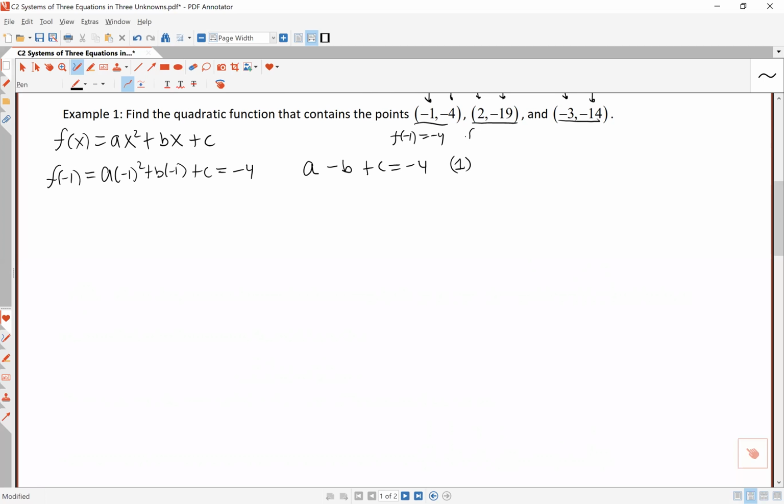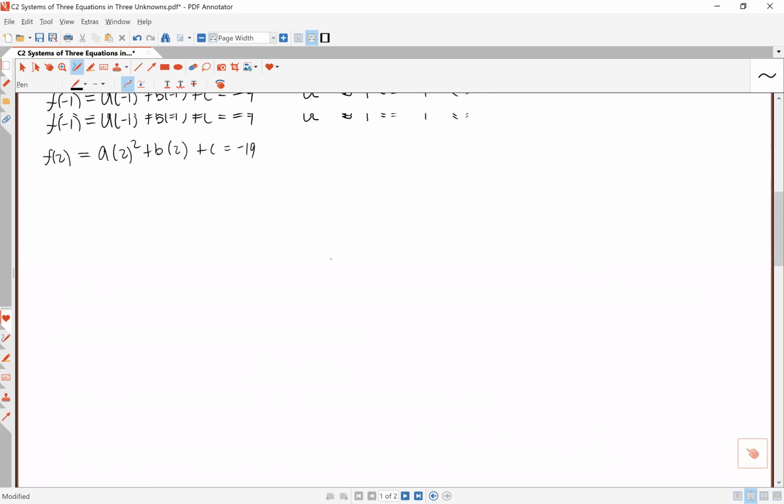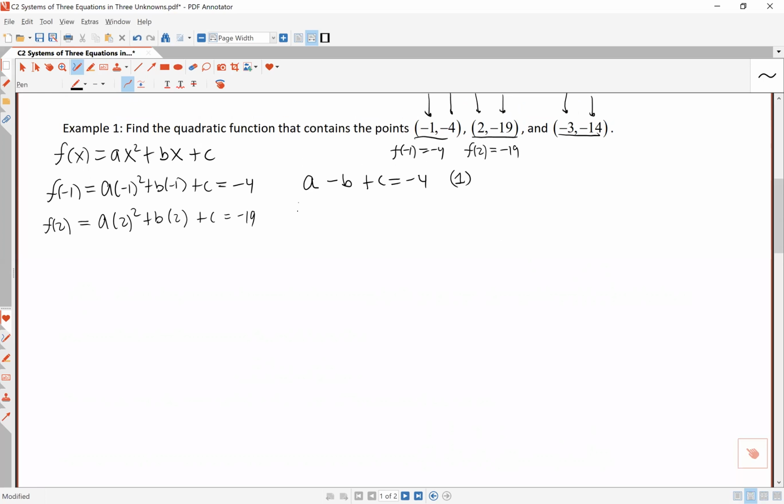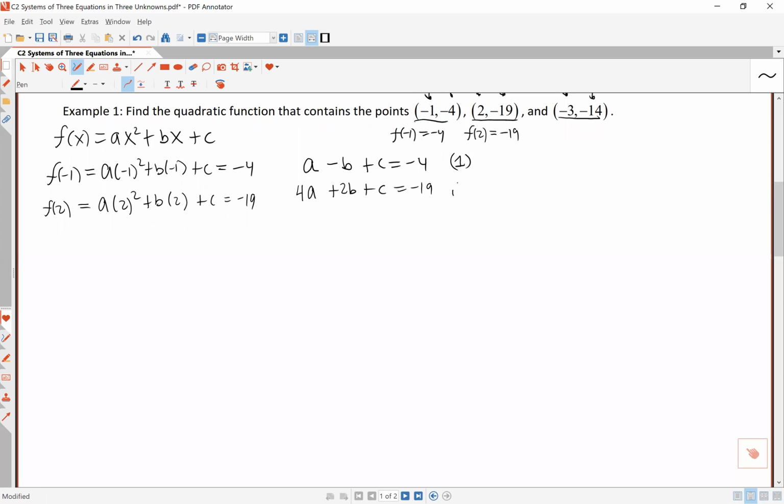The second point says f of 2 is -19. So if we plug in 2 for x, we'll get 4a plus 2b plus c is -19. We'll reference this later as equation 2.